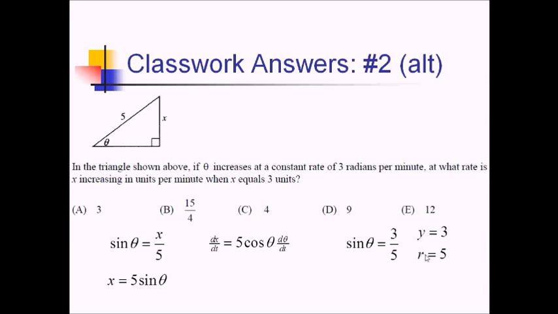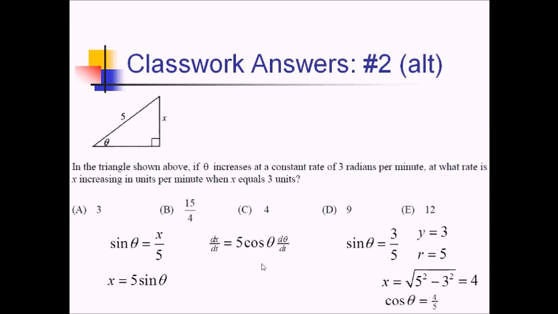X, y, and r have a Pythagorean relationship. It's x squared plus y squared equals r squared. So we could write x equals the square root of r squared minus y squared, or 5 squared minus 3 squared in this case. So x is then going to have a value of 4, which means the cosine is going to be 4/5. So cosine of theta is 4/5.